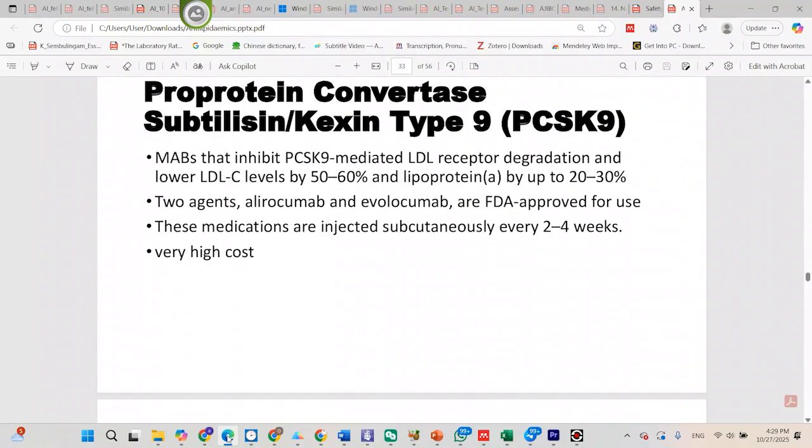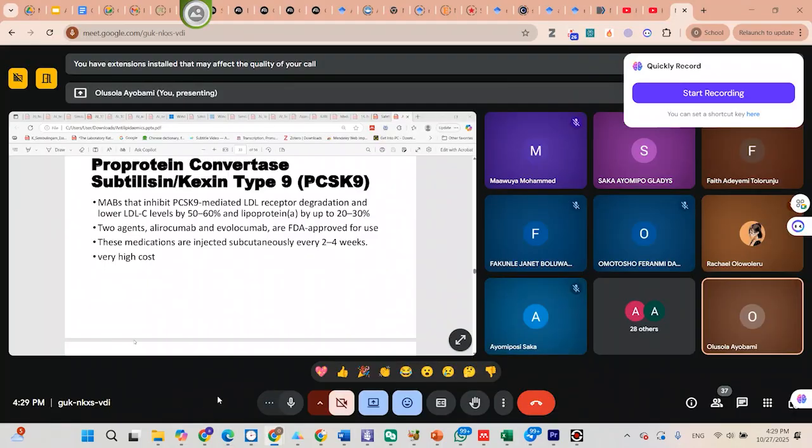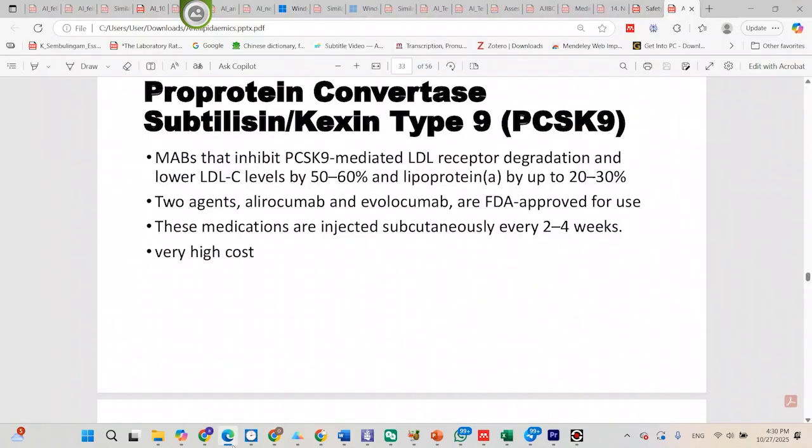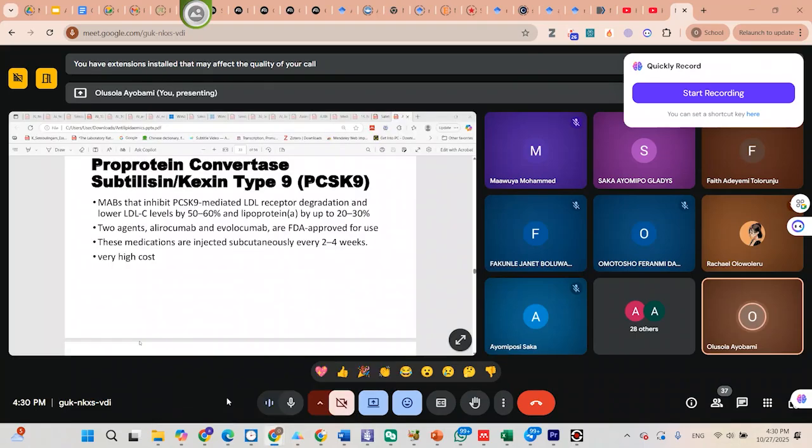We also have monoclonal antibodies being developed. What will monoclonal antibody do? Who still remembers? Monoclonal antibodies neutralize protein. It's just like an antigen-antibody reaction. So what they do is neutralize the PCSK9 protein when it is being formed.